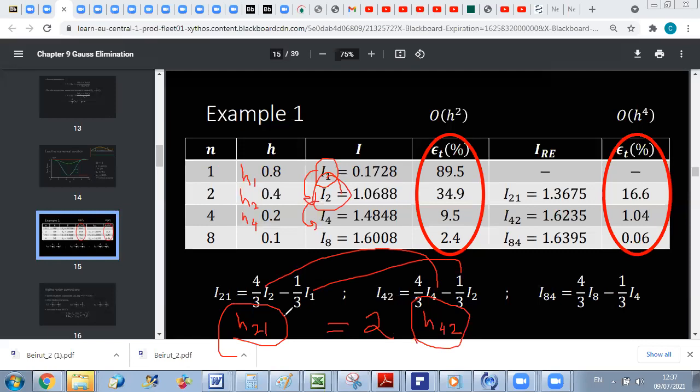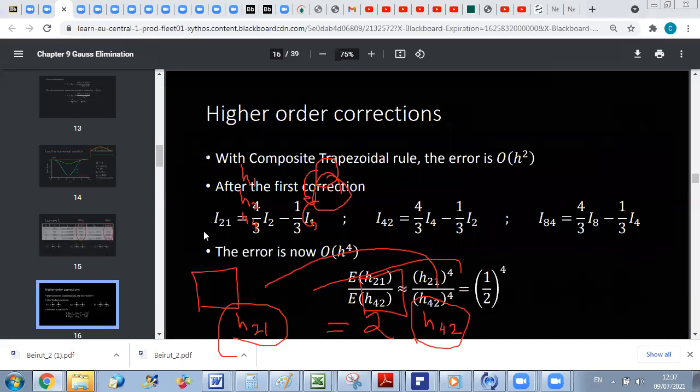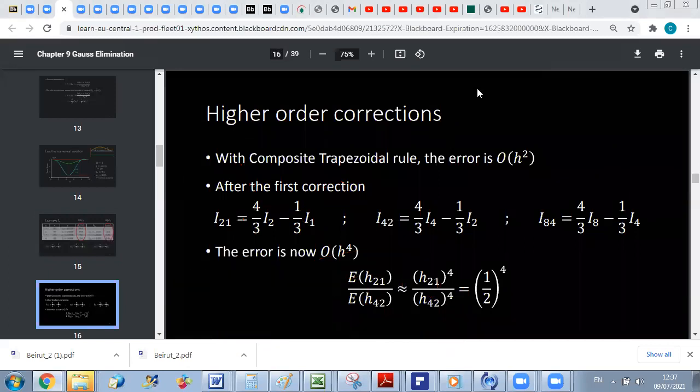And then again, we can relate the errors obtained in I21 and I42 by using the same procedure. The only condition in Richardson extrapolation is that the error should be of the same form, so you should be consistent with the method used.